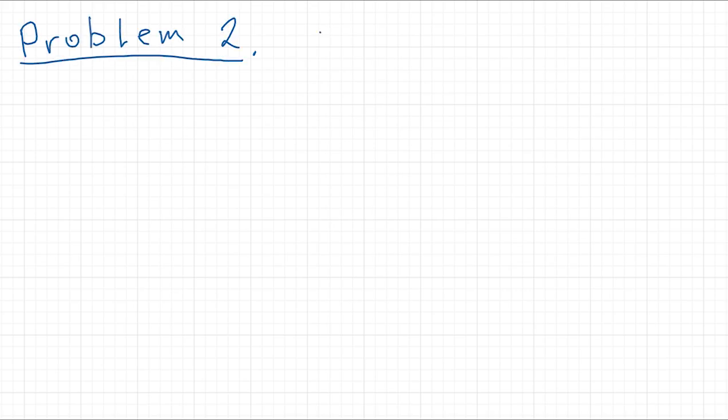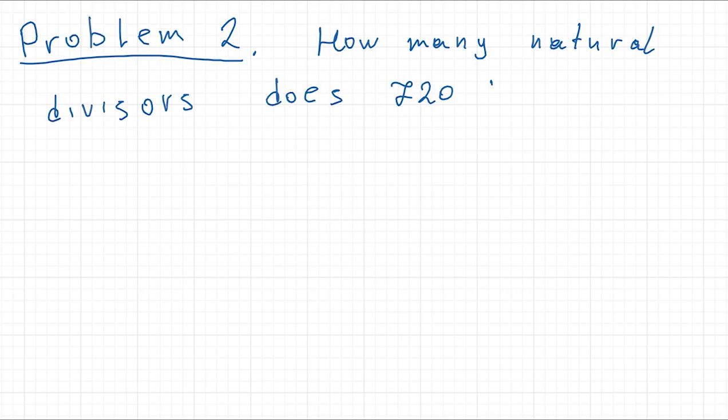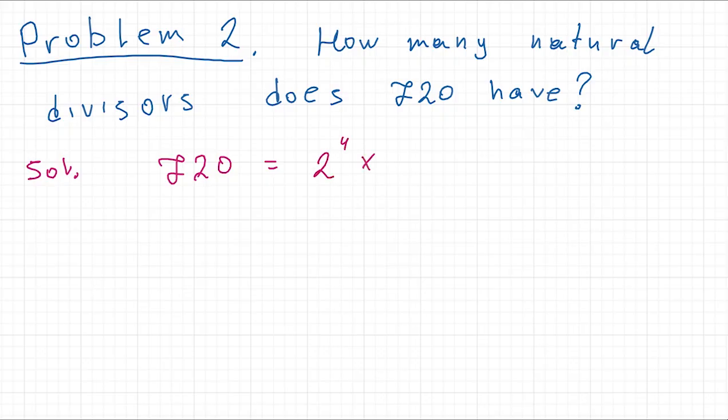Problem 2. How many natural divisors does 720 have? Solution. Factor 720 into primes. 720 is equal to 2 to the power of 4 times 3 to the power of 2 times 5 to the power of 1.